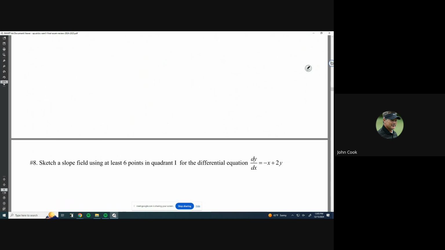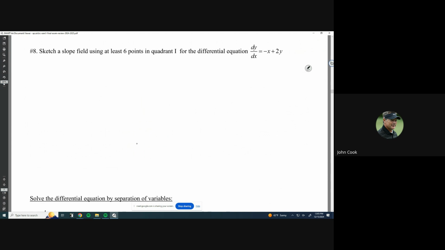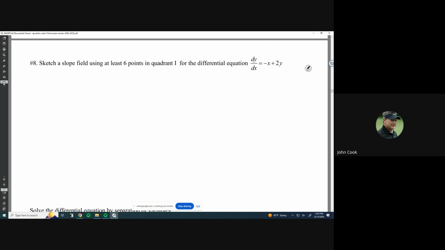All right, next up, number 8. Sketch the slope field using at least 6 points in quadrant 1. No big deal. We draw quadrant 1, where the x values and the y values are positive, and then we just need to pick out 6 points. Usually you want to stick with lattice points, or coordinates that have integer values, the corner points.